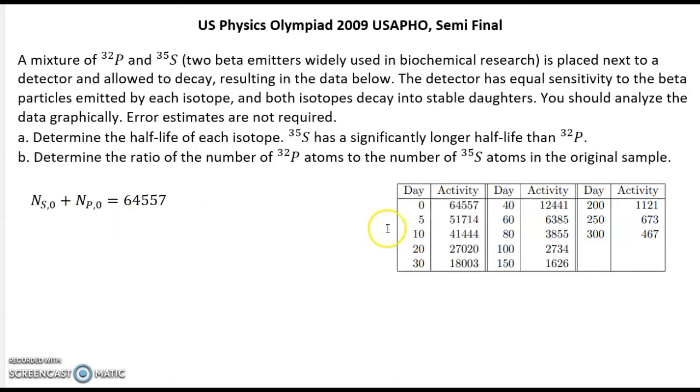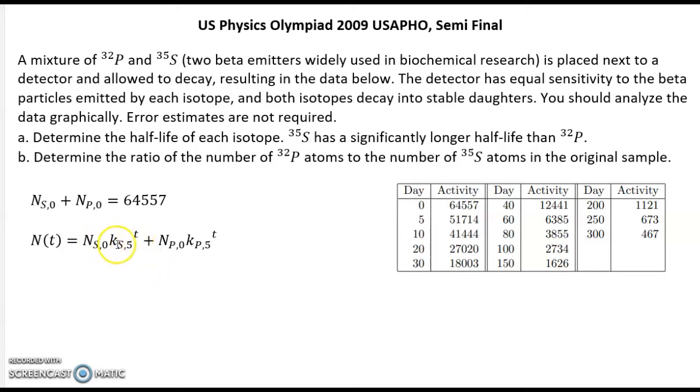After 5 days they have this activity. Because we have a table with a 5-day step, we can write this equation. This equation shows how activity is reducing with time if we take each step as 5 days.